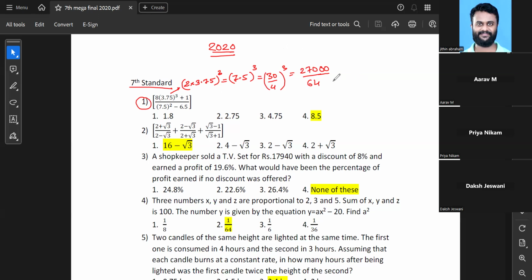Anyway, I'm just sharing the idea of what you can do. I'm not going to solve the whole sum over here. This I'm giving as homework. I'm just sharing my ideas of what things you can do. Obviously, you might have your own ideas. Whichever is convenient for you, you can use. Anyway, these calculations are pretty simple.